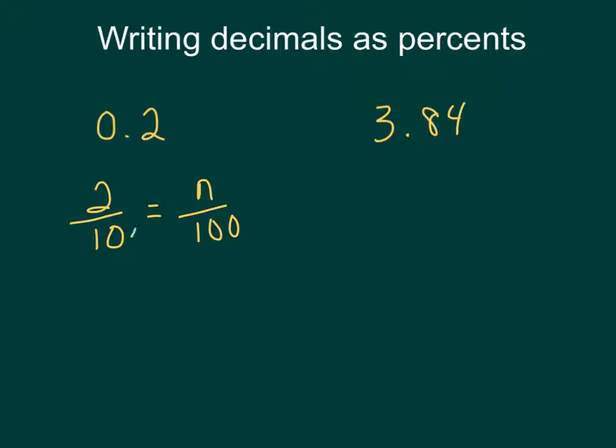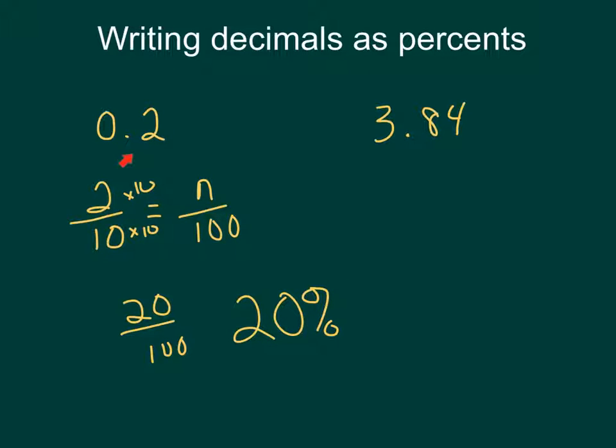Now I know that if I times both these by 10, I would get 20 hundredths, 20 per 100, so that would be 20%. So once I write this decimal as a fraction and then get it into hundredths, then it becomes easy to know what the percentage is. The other way to look at it is I just timesed it by 100, so I moved the decimal 1, 2 spots over, and that would give me 20%.